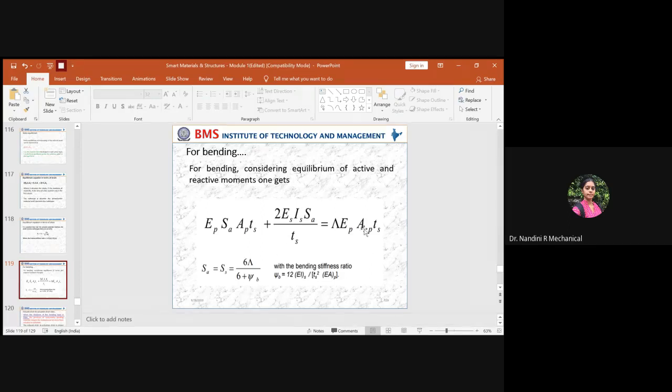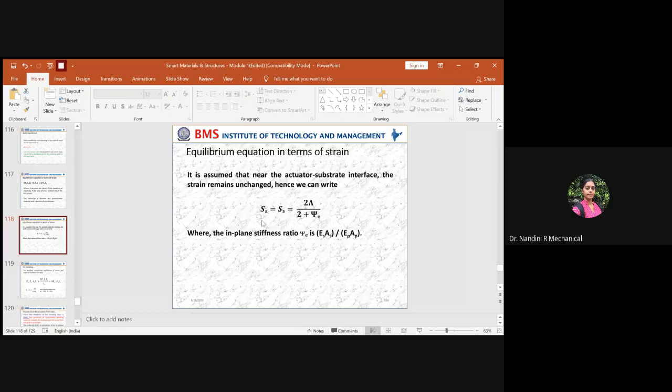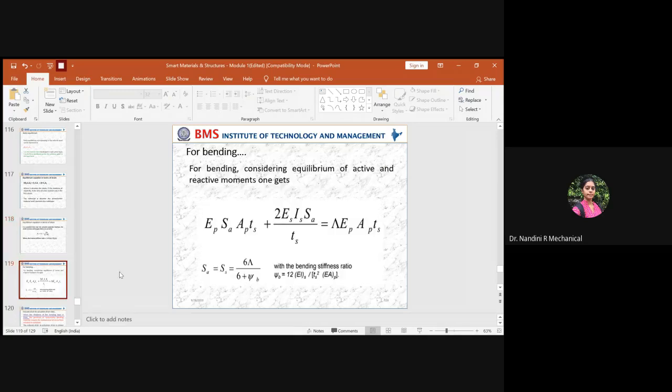You don't have any derivation, so while explaining, you should show it at equilibrium. For bending, this is the equation we are going to use. Similarly to the strain equilibrium, where we showed the strain across the actuator is equal to the strain across the substrate, here also the strain across the actuator will be equal to the strain across the substrate, which will be equal to 6 times the free strain of the piezo element divided by 6 plus the stiffness ratio.